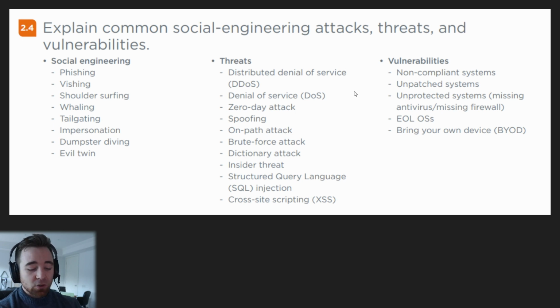You're causing a service to be unable to be delivered through some format that is not multiple machines sending an overwhelming amount of traffic. Zero-day attack, it's the first time you've discovered that vulnerability. Spoofing, you're pretending to be something or someone you're not, so you might say your IP address is different than it is. On-path attack, you've got the recipient, the sender, you're sitting on the path of that data and doing something with that, right?